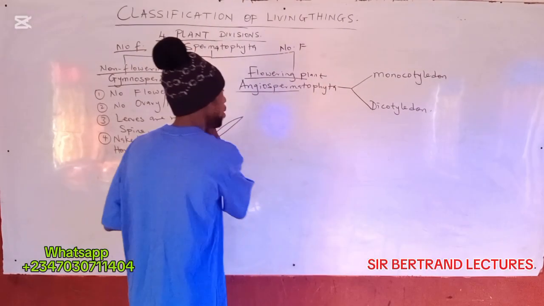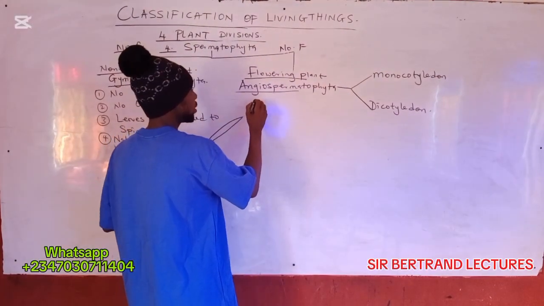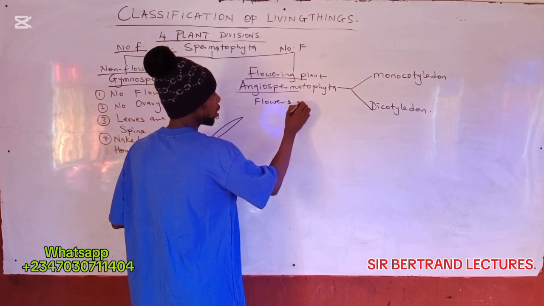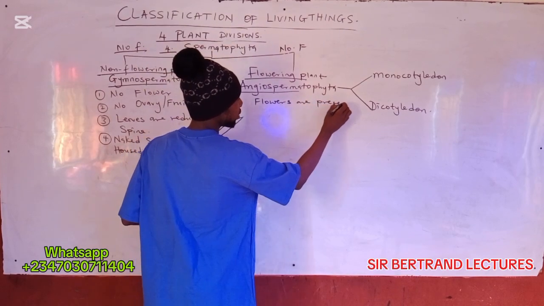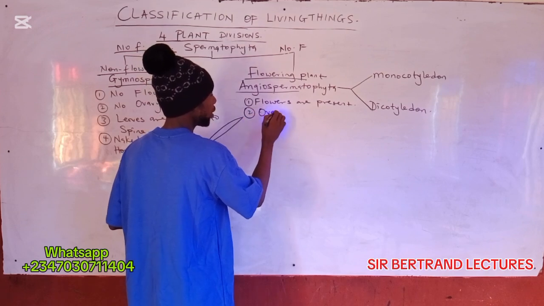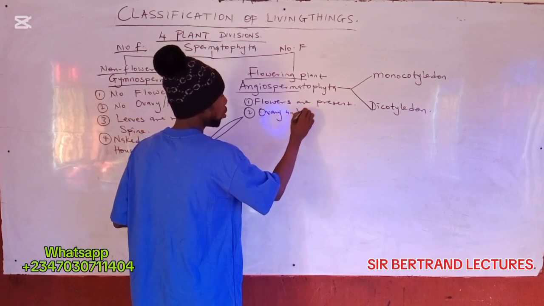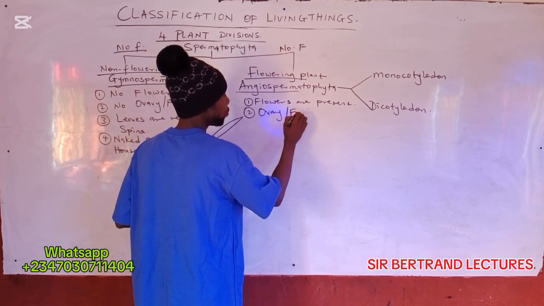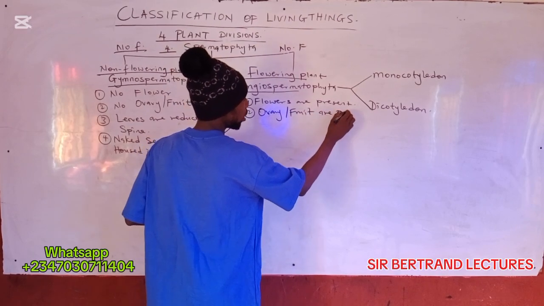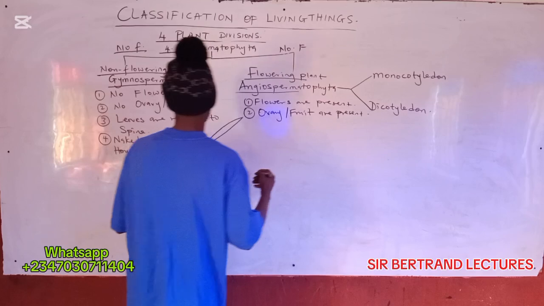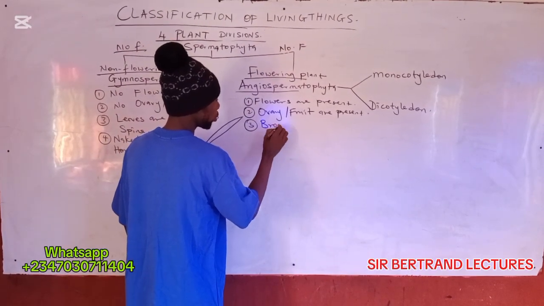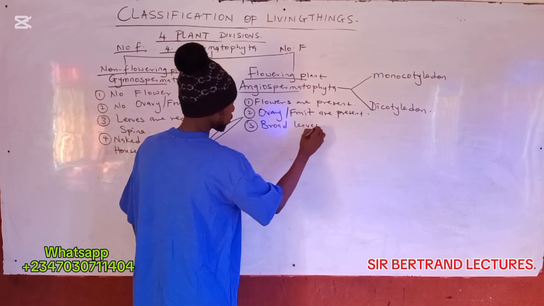Then here in angiosperm, there is flower. Flowers are present. Okay. Number two, ovary or fruits are present. Number three, they possess broad leaves.